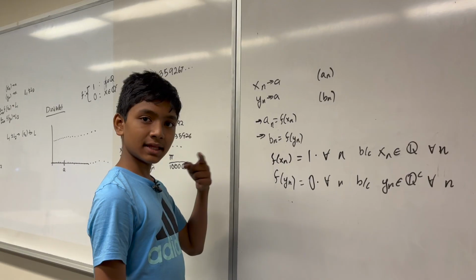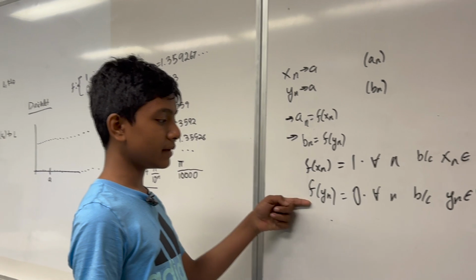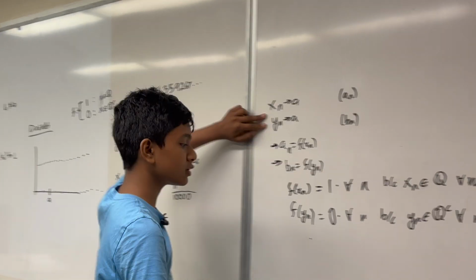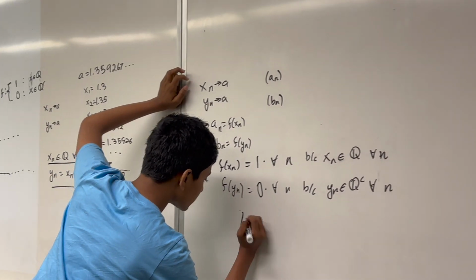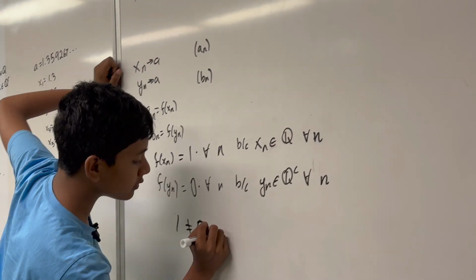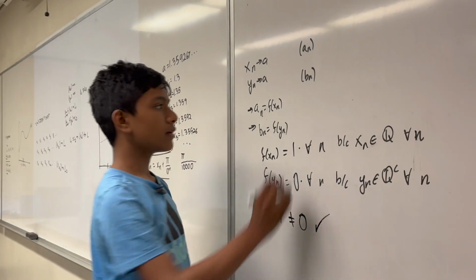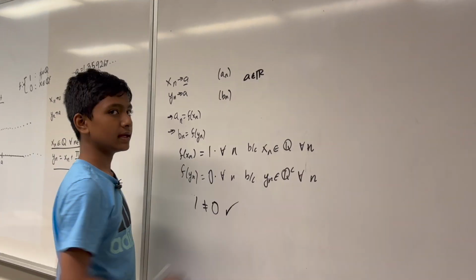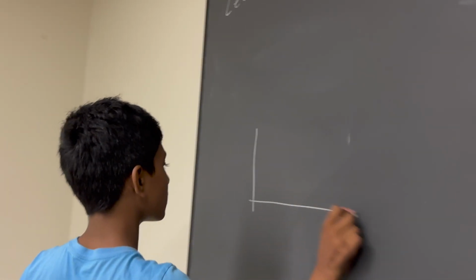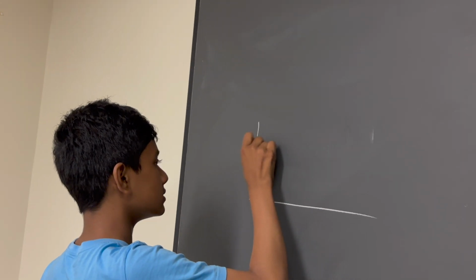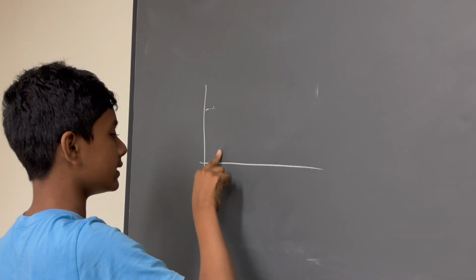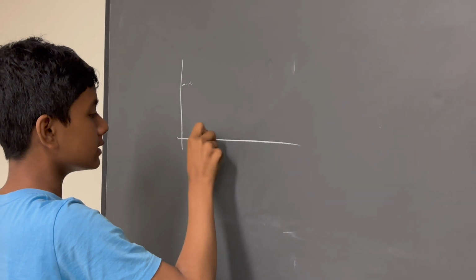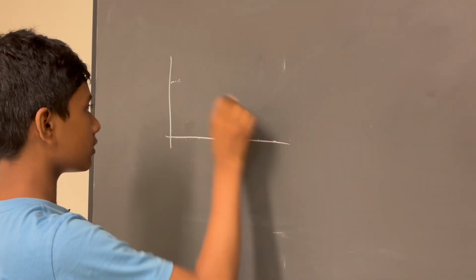Which means we've proved that for all A in the real numbers, the Dirichlet function is discontinuous. This thing is completely discontinuous, literally everywhere.